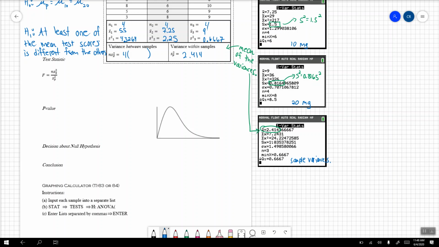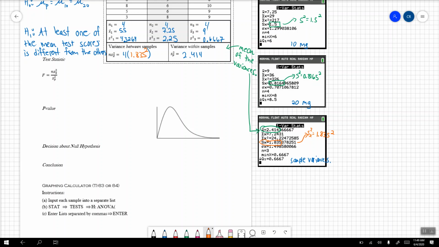That tells me that we then need to look at this standard deviation here and square it. So this is going to be 1.835 squared. And that's what I'm going to put in here. 1.835 squared. There we are.